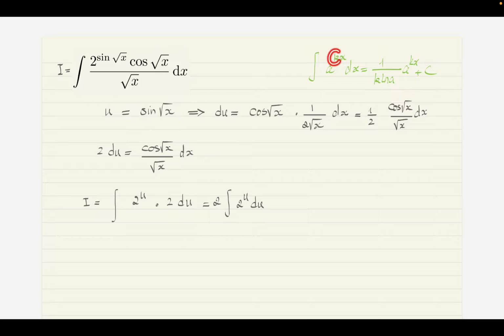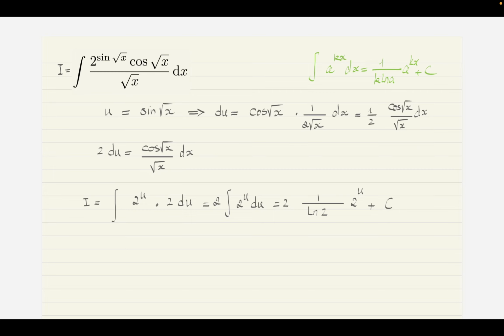The point is that this k, which is the coefficient of u or x, is 1 in this problem. So I would write 2, which is that constant, but instead of the integral of 2 to the power u, I would write 1 over k, which is 1, ln of a, which is ln of 2, and then the function itself, 2 to the power u, and then plus my constant.